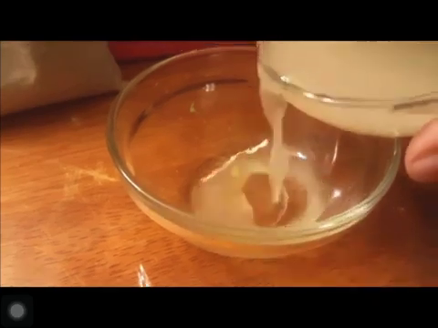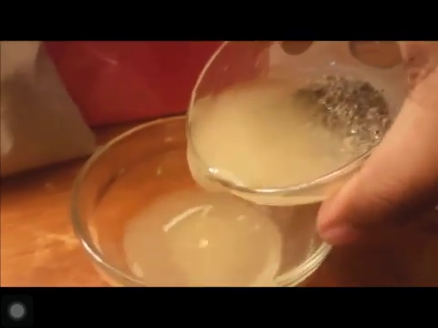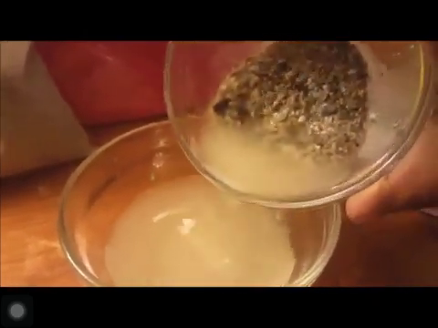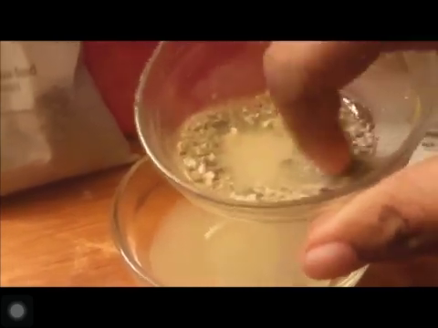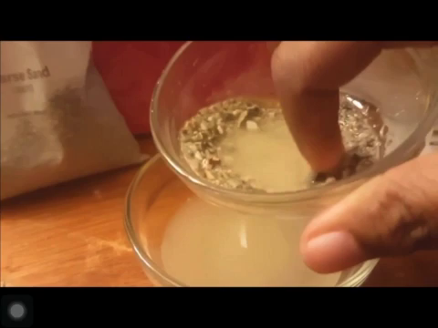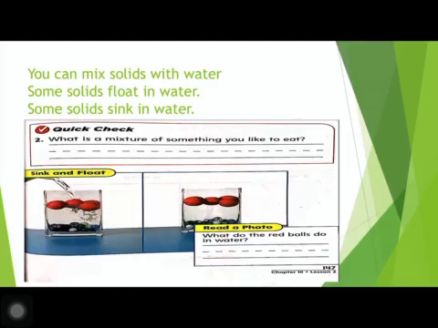We're going to see if the sand dissolved in the water. Look, what stayed in the bottom? Sand, right? The sand did not dissolve in the water. Okay, let's move to the other page.